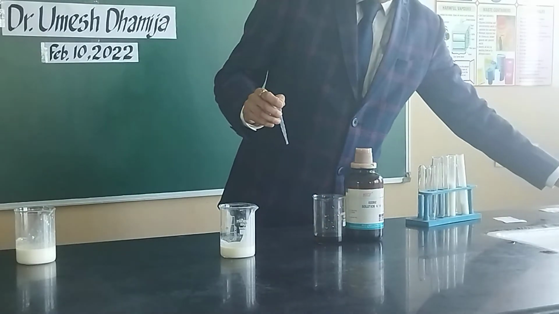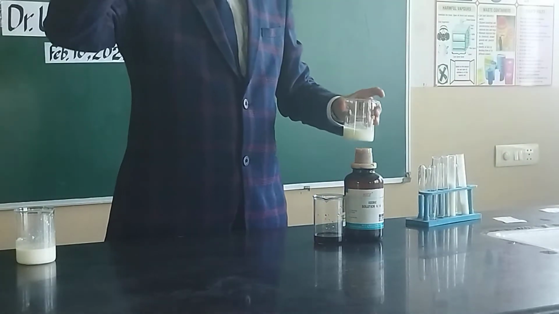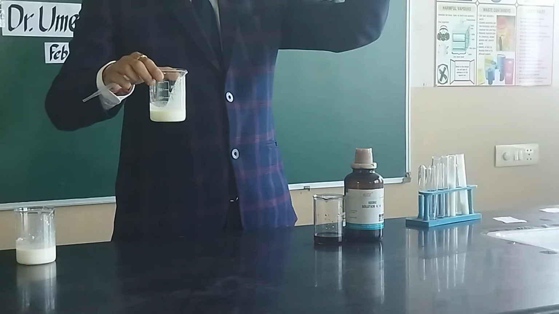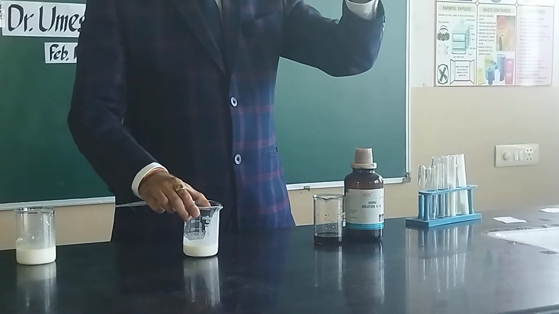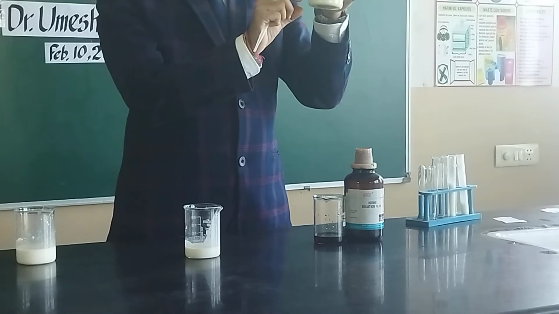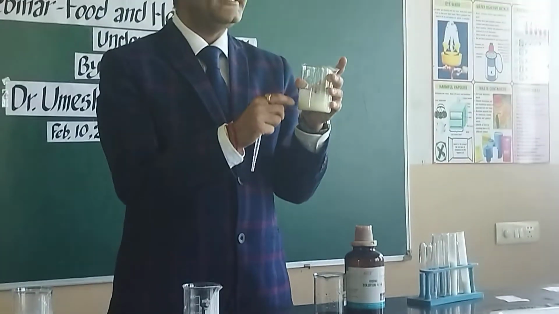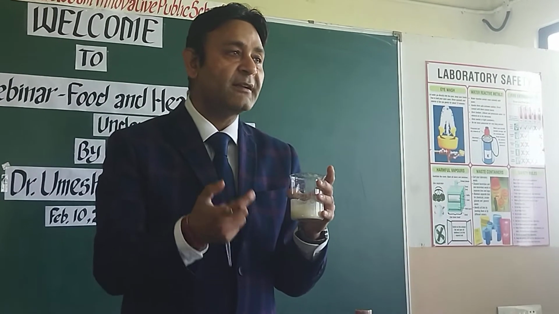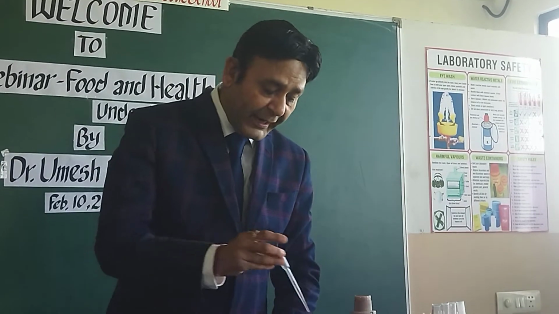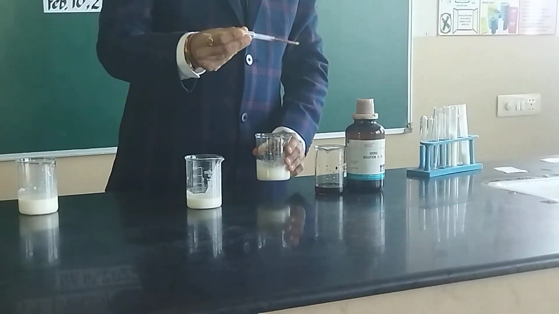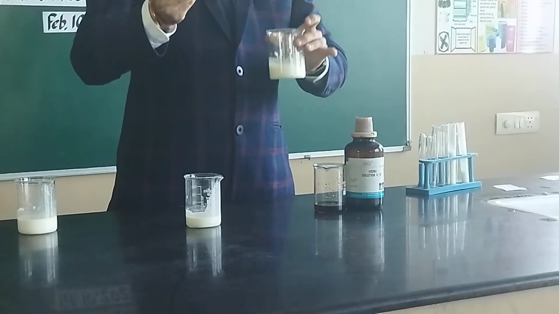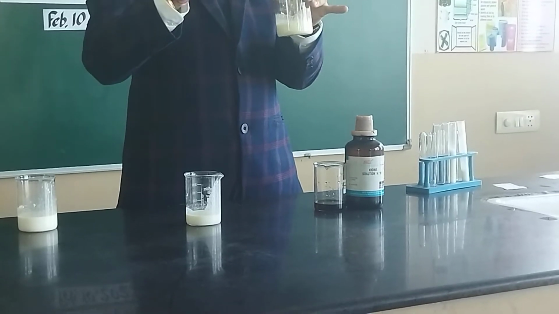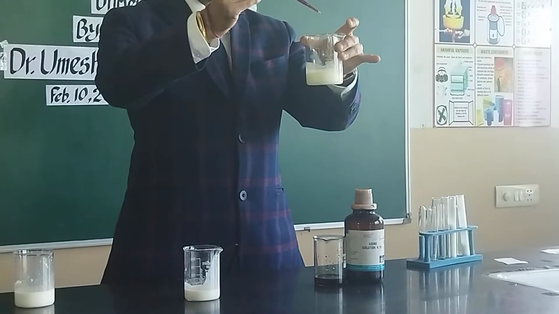So here I have a pure sample of milk on the right hand side, and this is the milk which contains starch. It has been made thick only to show that it is having more fat content.